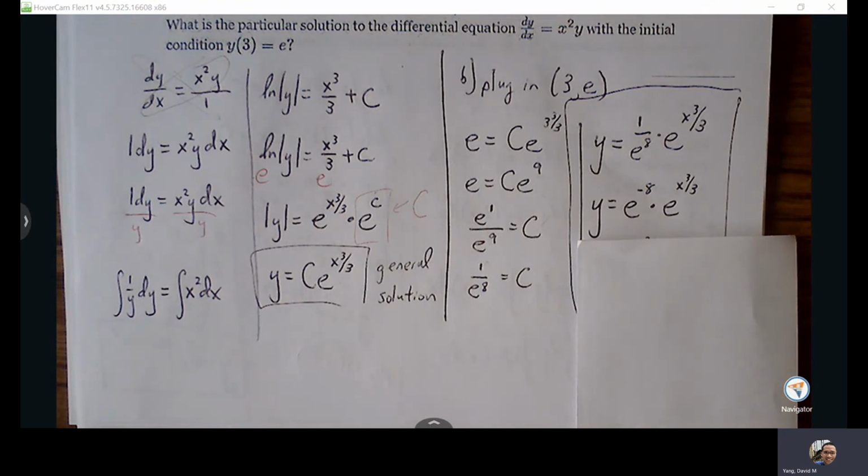But I will say that there is one step further that you could go. You're not required to. But if there's multiple choice and you're trying to figure out why is my answer choice not here, it's maybe because College Board may sometimes merge and try to clean up a little further. So what's another way that we can write this? e to the x cubed over 3 minus 8.